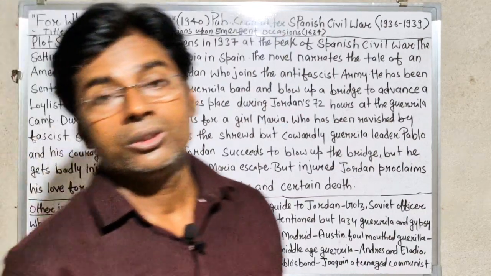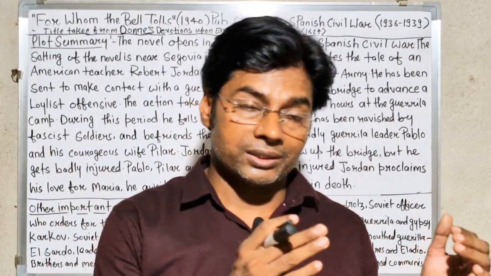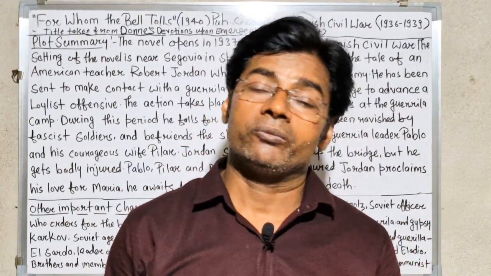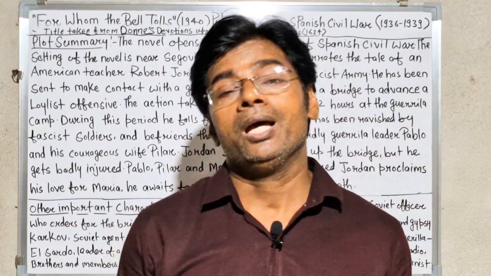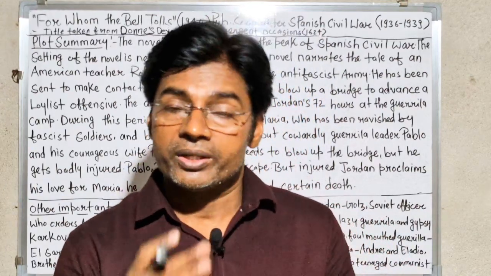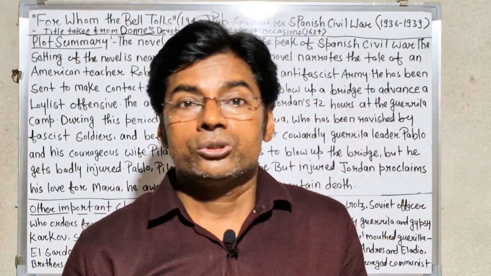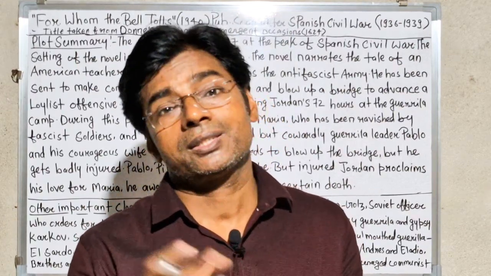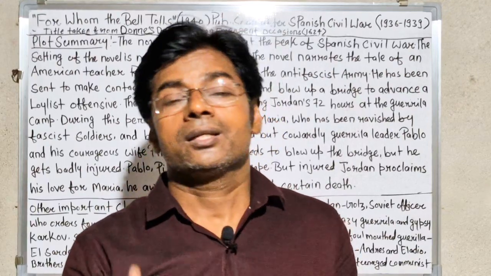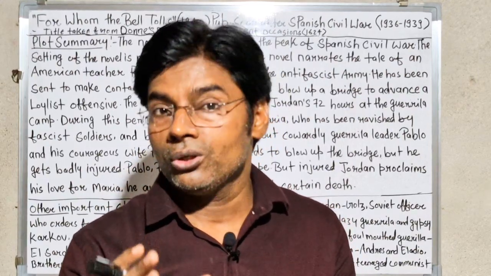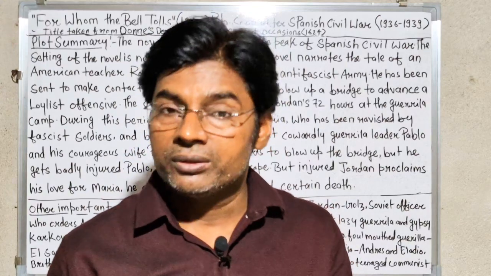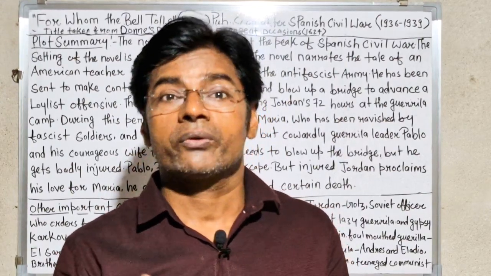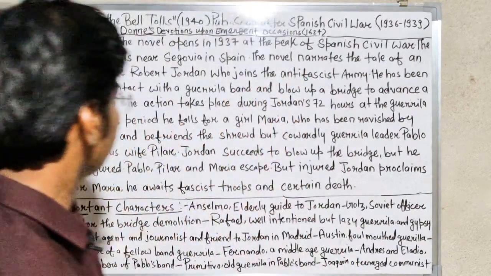The wife of this Pablo, whose name is Pilar, is brave, bold, and very much dedicated to the guerrillas' cause, whereas this man Pablo, who is the leader of the band, is not honest, not brave, and to some extent a coward.